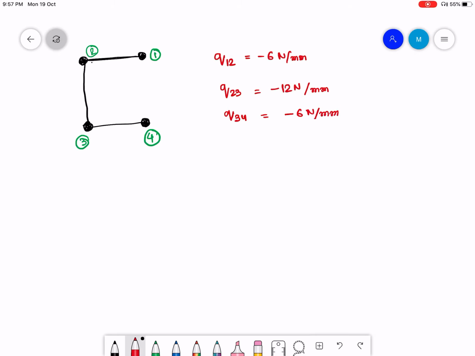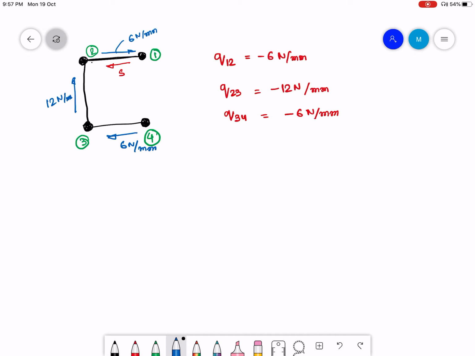If I draw them, S was in this direction, I was moving from 1 to 2. So this was my S. My shear flow is going to be 6 Newton per millimeter, then 12 Newton per millimeter, and then 6 Newton per millimeter. So that is done.